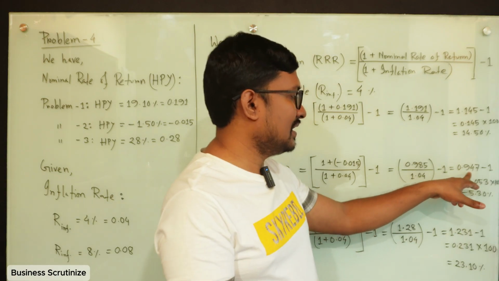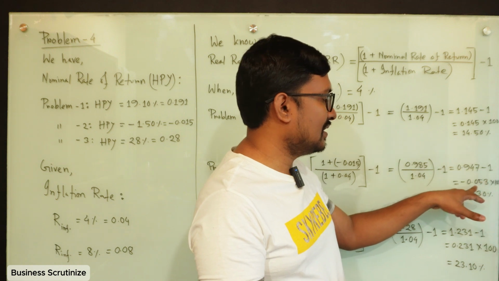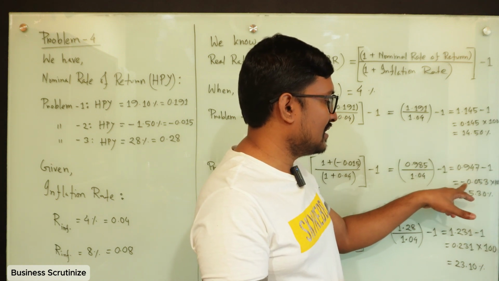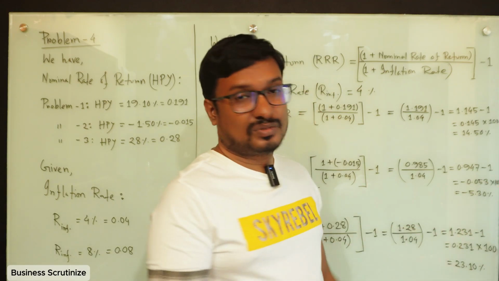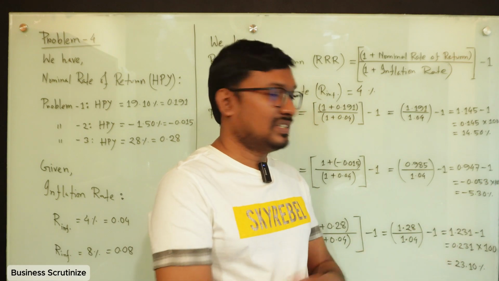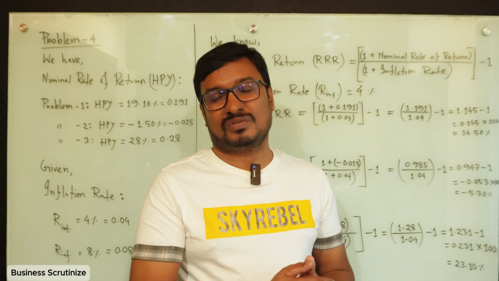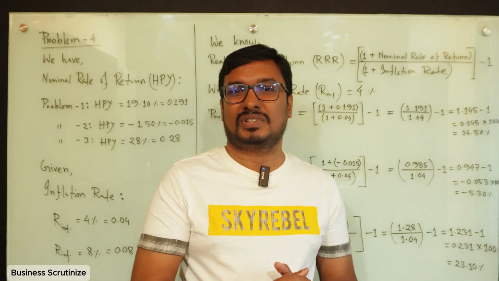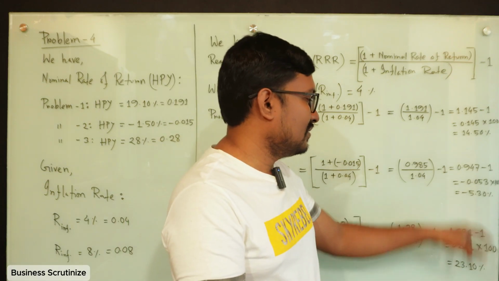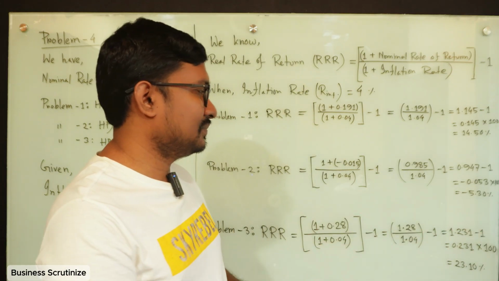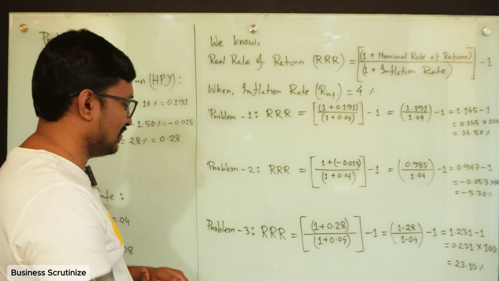Then in the next step we can write 0.947 minus 1, and after subtraction minus 0.053 times 100, and finally minus 5.3%. It is a negative real rate of return: considering the nominal rate of minus 1.5% and adjusting with the inflation rate, we have minus 5.3% as the real rate of return.